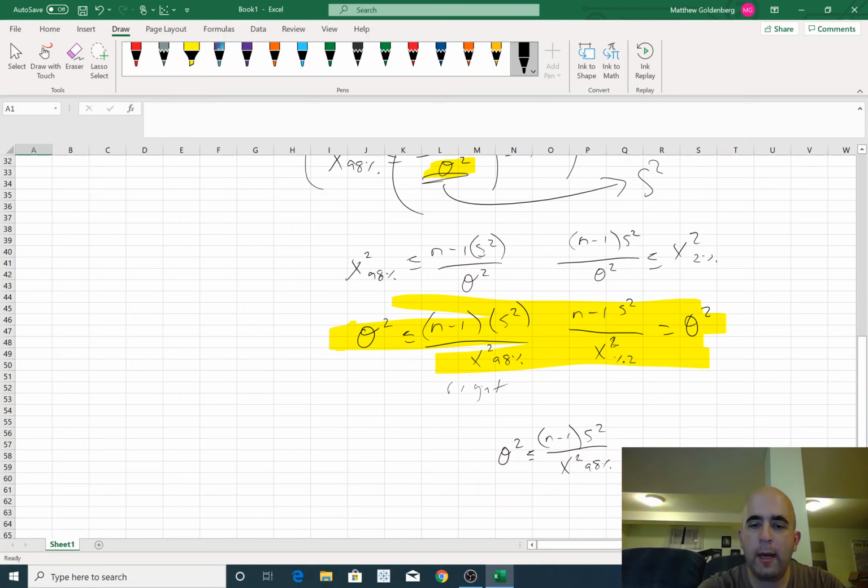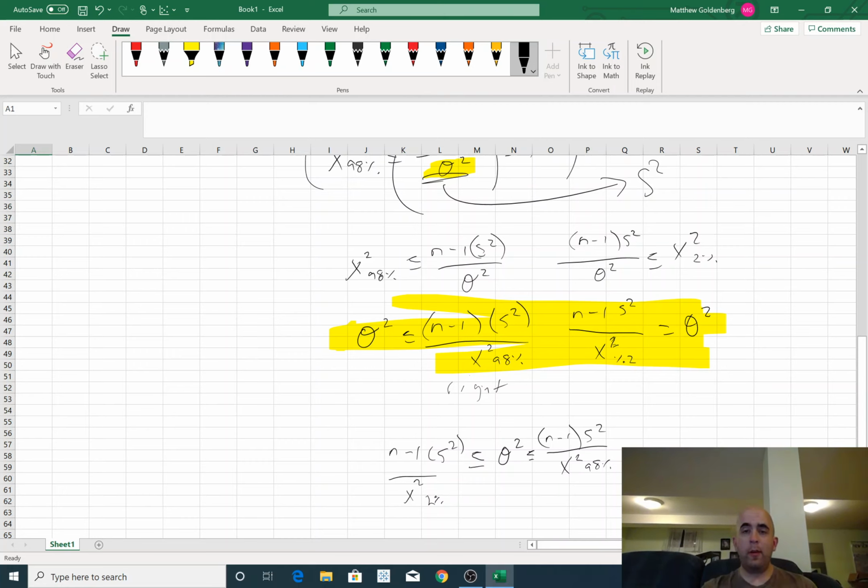And then on this side, it's n minus 1 squared over chi-squared with 2% to the right.